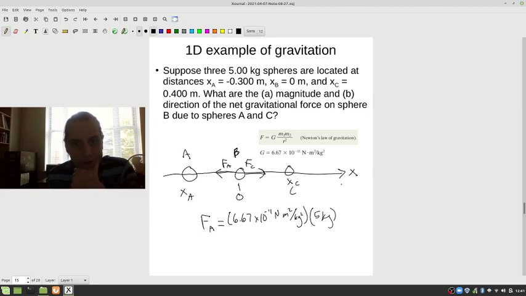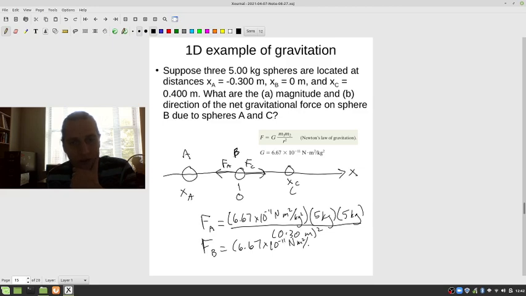And then this one would also be 5 kilograms, over, and then the R is just the distance between the two. Okay, and then you do the same thing for this. And just keep in mind, don't be scared when you get little numbers, because gravity is a pretty weak force, unless you've got a really big mass.